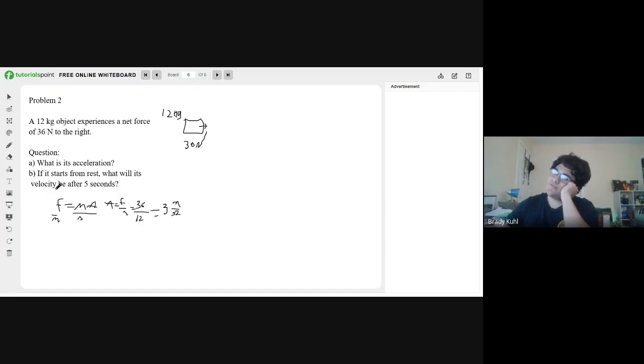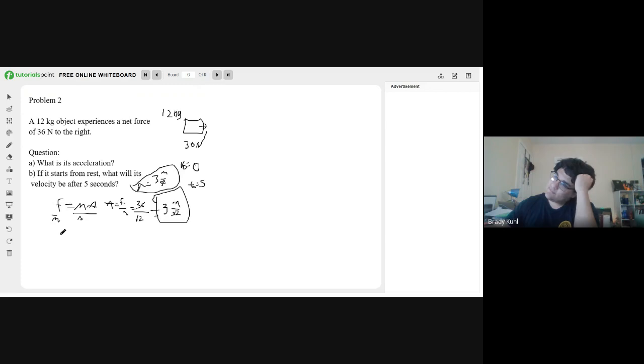Now, we want to find part B: if it starts from rest, what would the velocity be after 5 seconds? We learned the acceleration is 3 meters per second squared. The initial velocity is 0, and the time is 5 seconds. It's a kinematic problem.